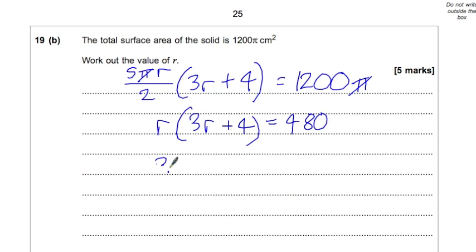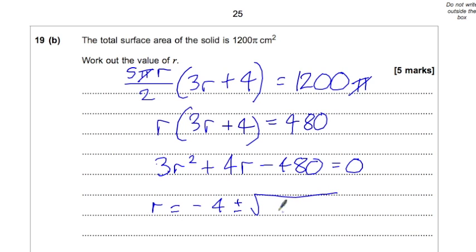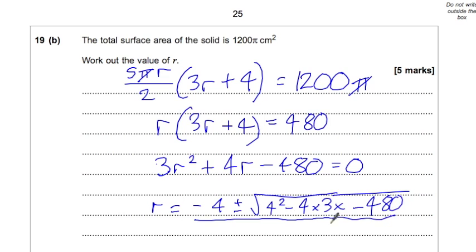So we'll have 3r squared plus 4r minus 480 equals 0. I've expanded it out and brought the 480 over. Now we can see we've got a quadratic we need to factorise. I think that looks really horrible to factorise. Some people are really good at it, I'm not. So I'm just going to put it into the quadratic formula: minus b plus or minus the square root of b squared minus 4ac, all over 2a, so all over 6.